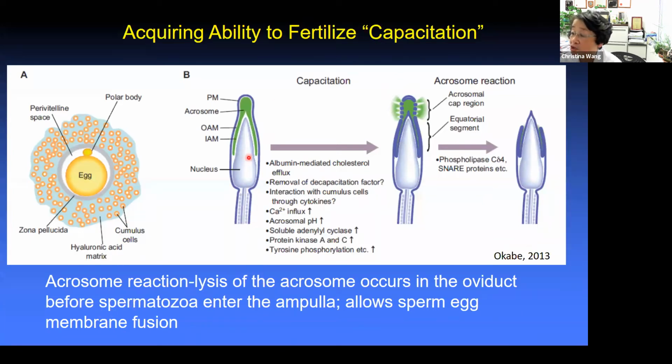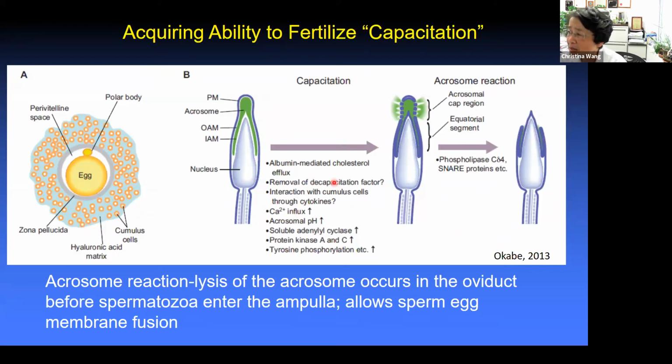The second process that they must undergo is called the acrosome reaction. You remember the sperm head with the nucleus and DNA is covered by the cap. The acrosome cap has an outer and inner acrosome membrane, and you can see these two membranes then fuse together and release, so that the sperm head is then ready to fertilize an egg. So the acrosome cap needs to be removed before the sperm can fertilize an egg.